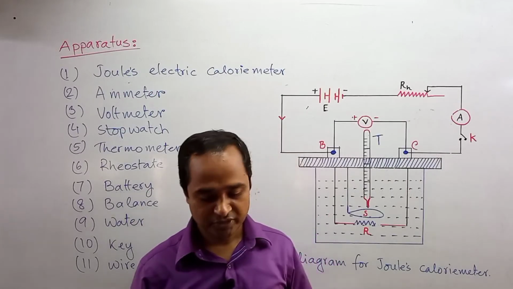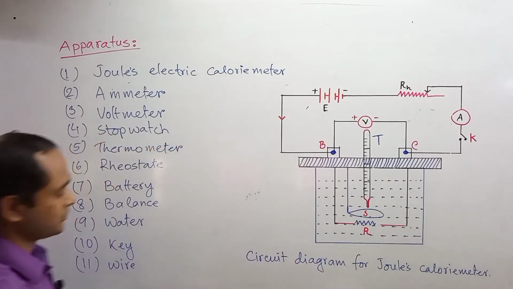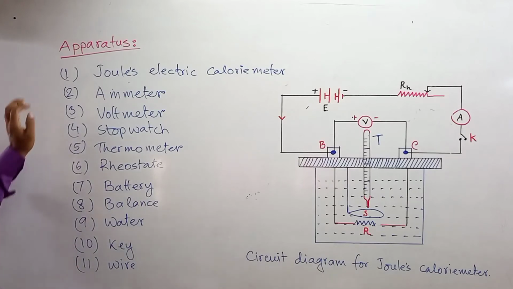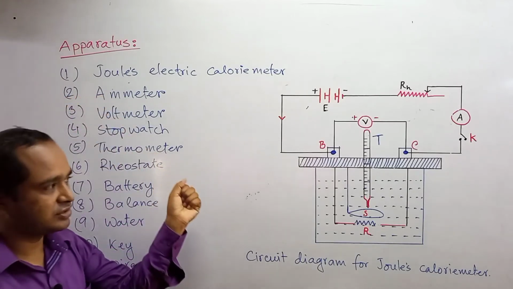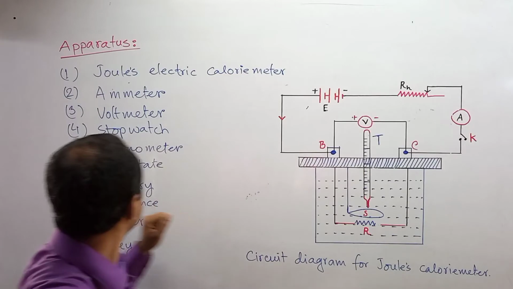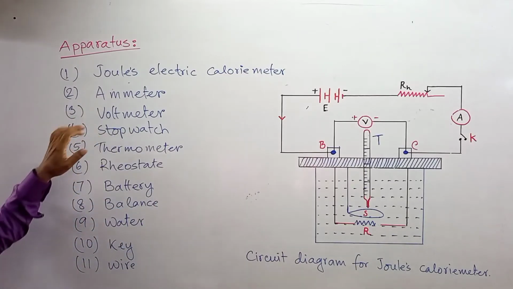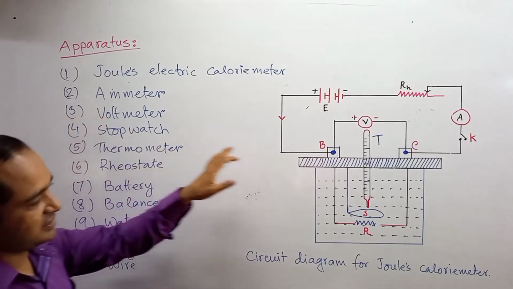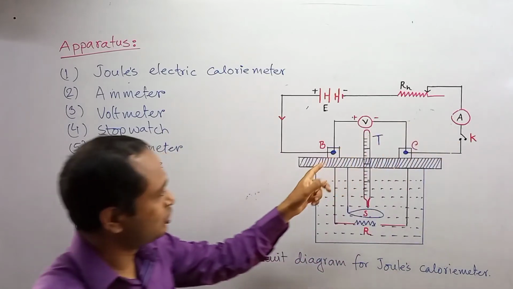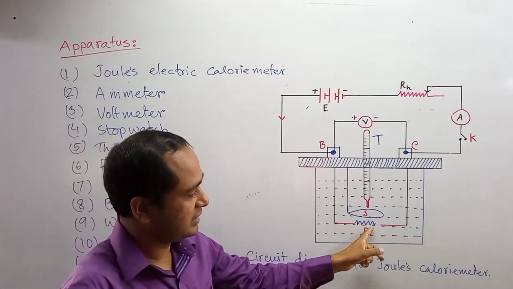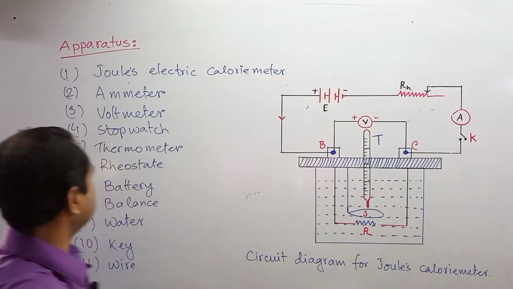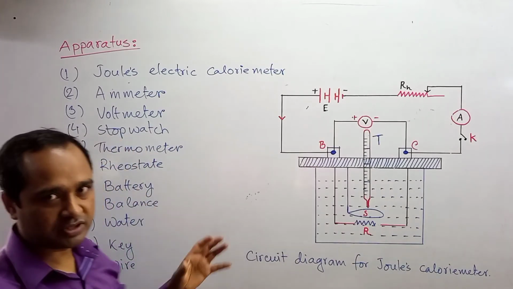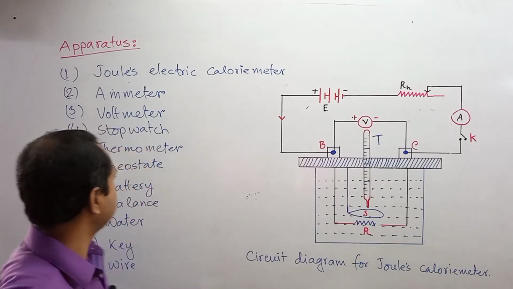Dear student, now we are going to see the required apparatus for the experiment. The apparatus is Joule's electric calorimeter, which is shown in the figure. Ammeter and voltmeter: the ammeter is connected in the circuit here, and the voltmeter is connected across the heating coil. A stopwatch is required to measure the time.